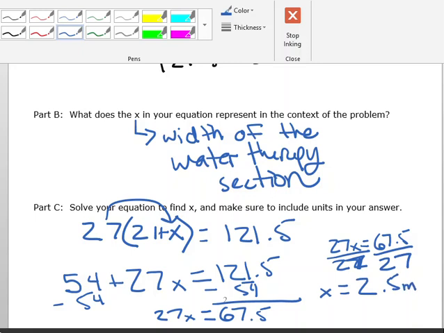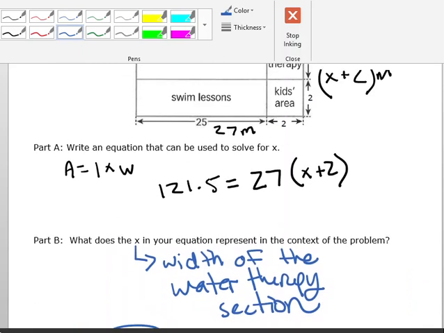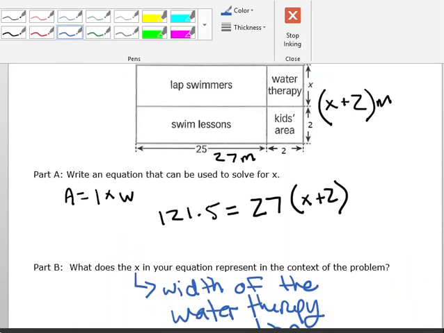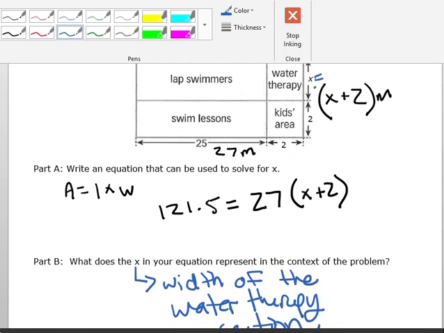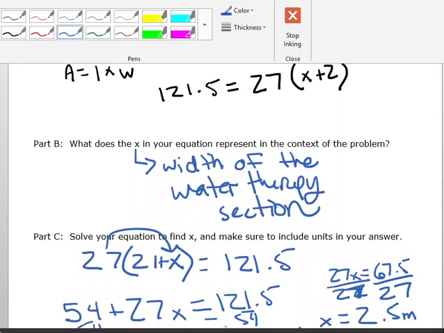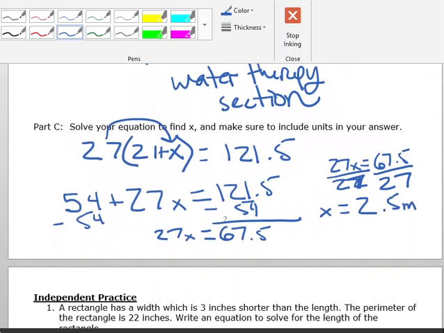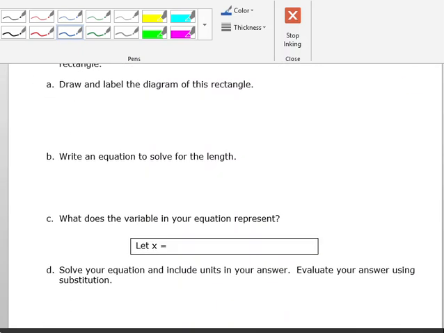So if I go back up here, this x is equal to 2.5 meters. Make sure you have all of this down, and we'll take a look at a couple of the independent practices too.